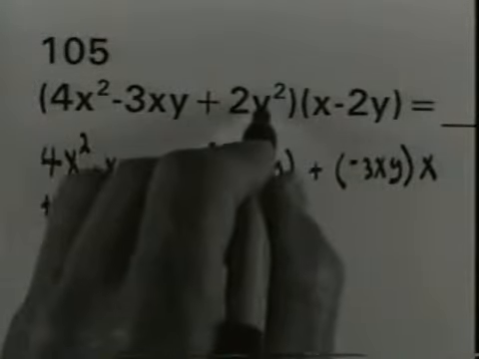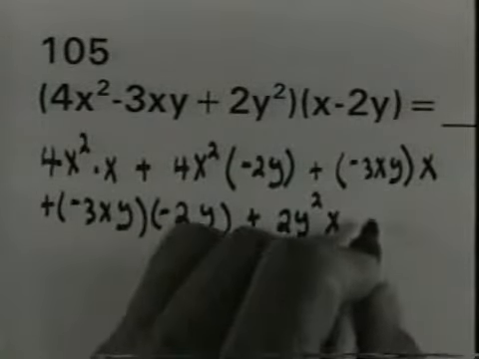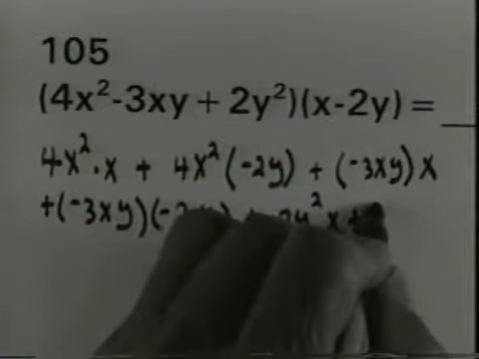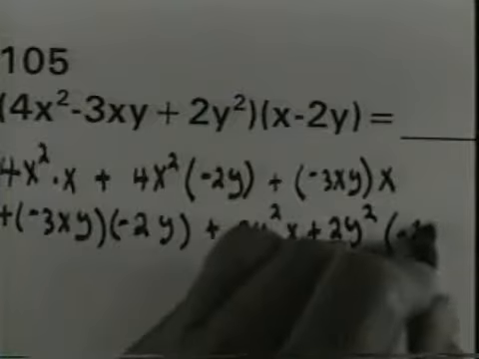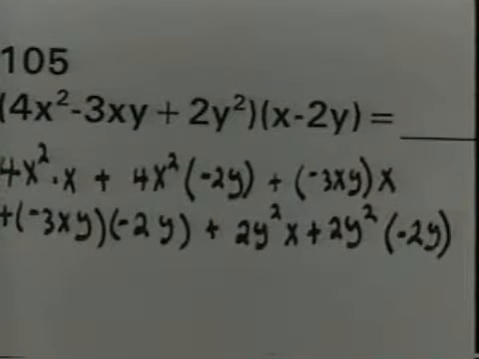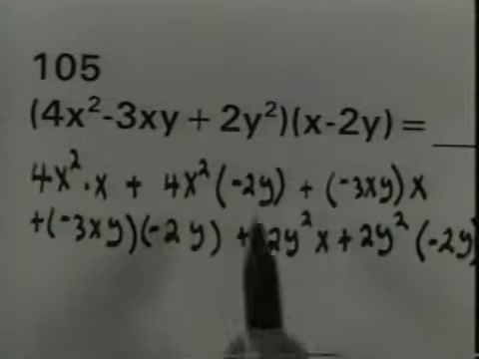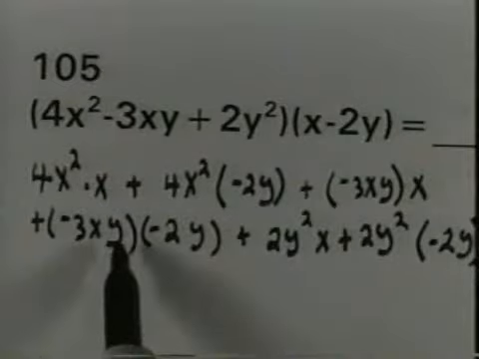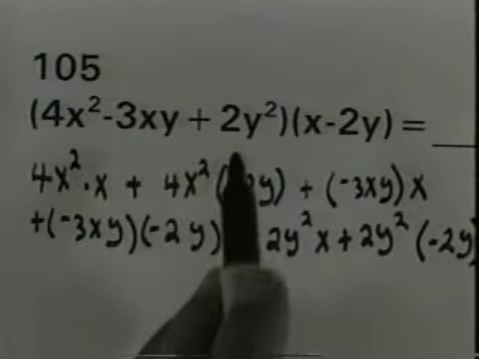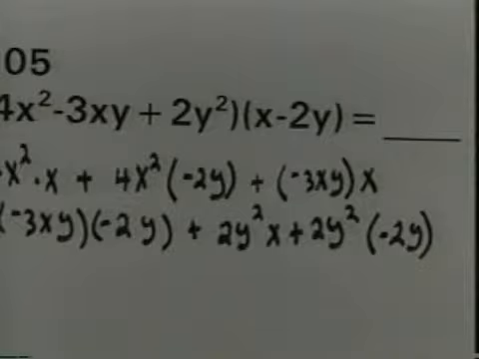Then I'm going to multiply the 2y squared by the x, and the 2y squared by the negative 2y.